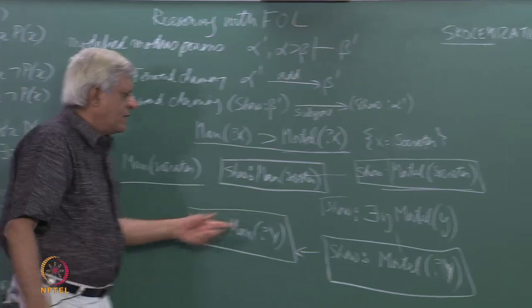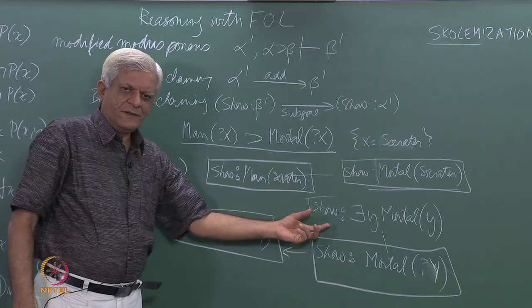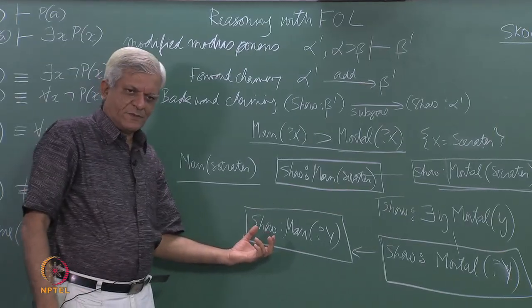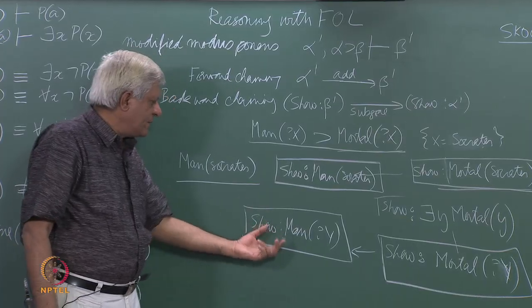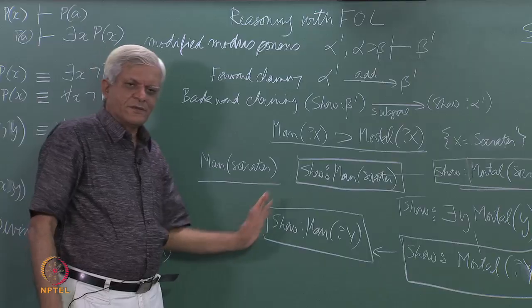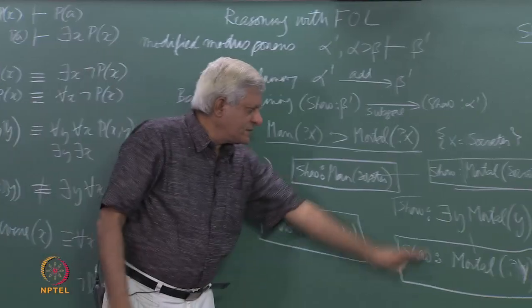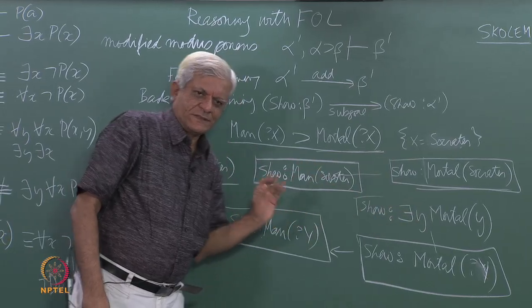So, our query is still an existential query, saying is there someone who is mortal, and it gets translated into a sub query or sub goal: is there someone who is a man? Now, that can be trivially answered by the database: yes, Socrates is a man. So, we can terminate the query and return the answer by saying yes, y equal to Socrates is the answer to your question essentially.